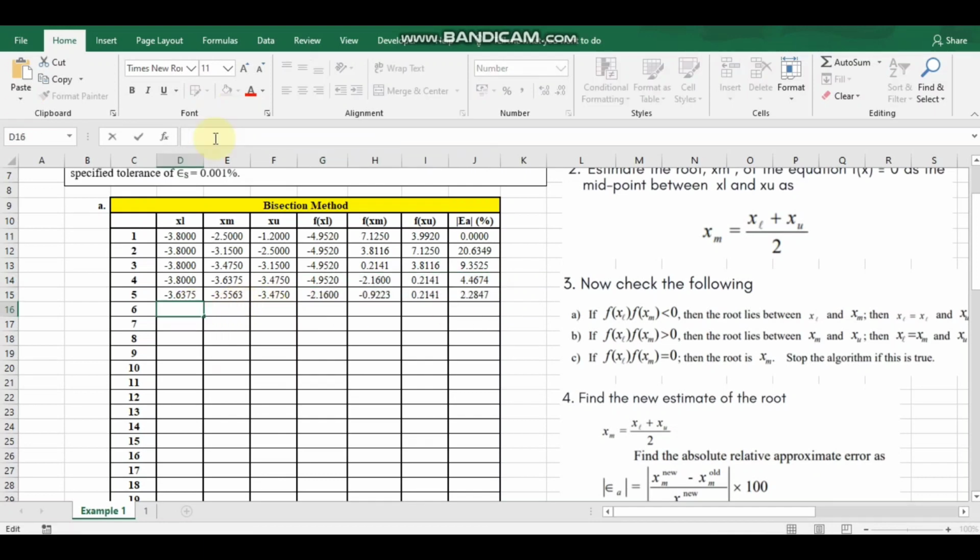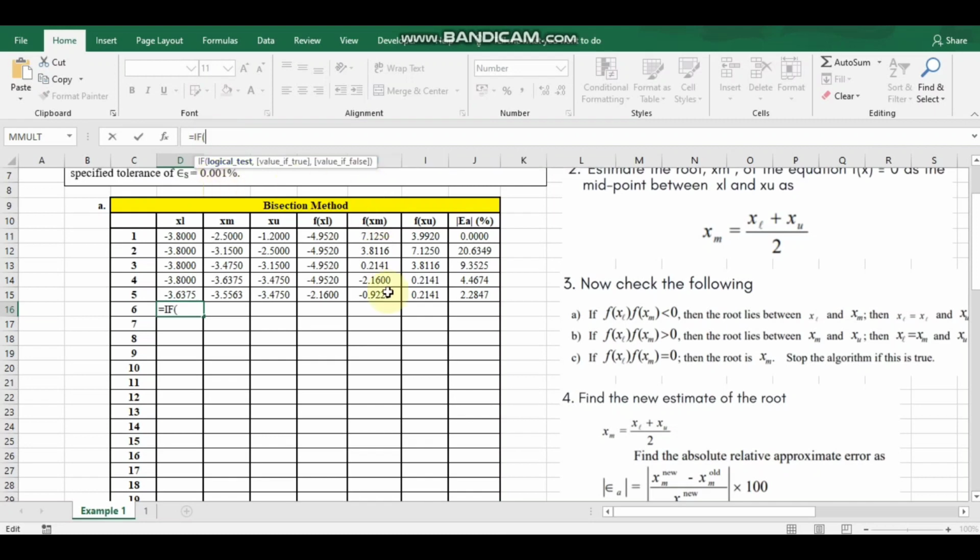Another way for us to do this one by one is using the IF formula. For xl, we will type equals if f of xl times f of xm is less than 0, then xl, else xm. Let's try this.